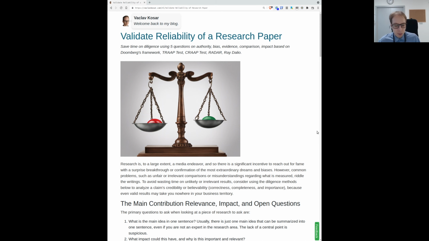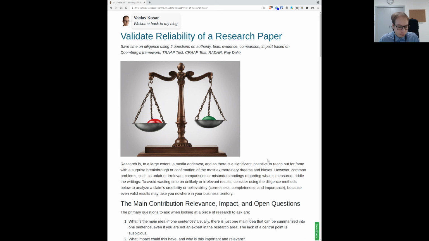The most common problems are irrelevant comparisons and misunderstandings regarding what is measured, so it's good to have ways to avoid wasting time on papers that may not be completely valid or completely true or accurate.